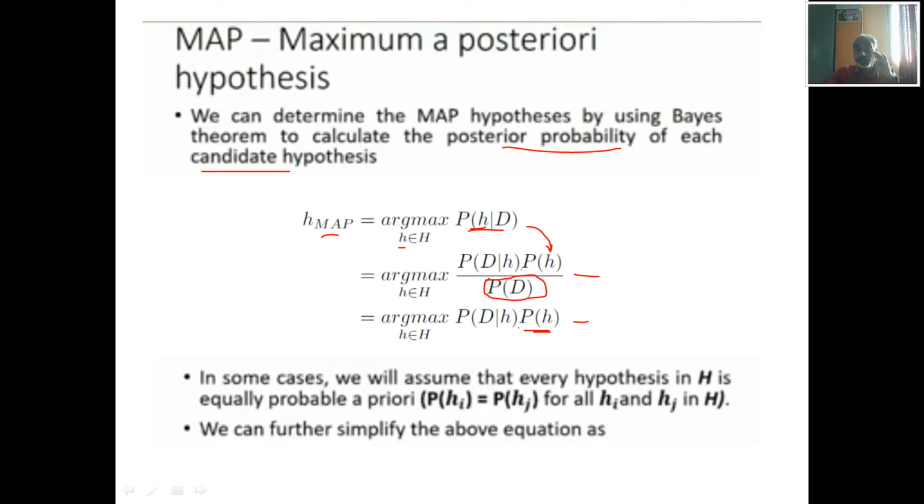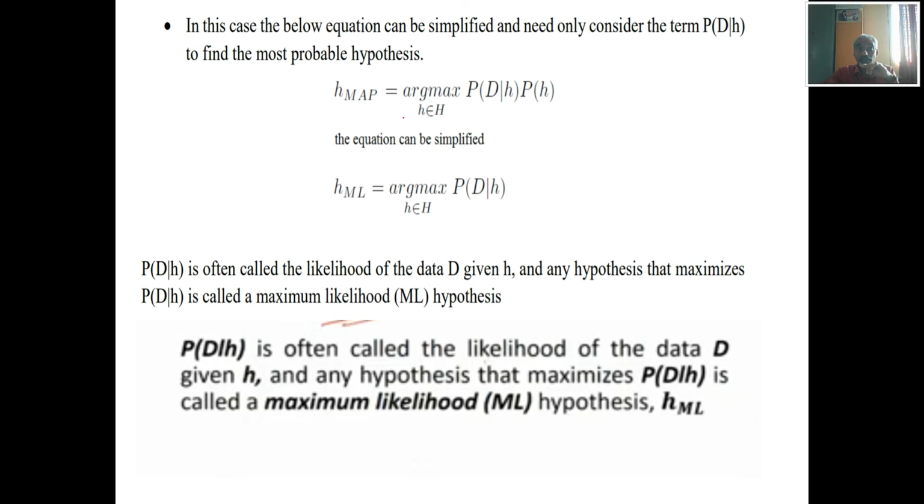Now we can further simplify this particular equation as follows. In this case, the equation can be simplified and needs only the term P of D given H. Because the probability of H, the prior probability, is the same for all the hypotheses, that means again it is a constant. So we can ignore this particular term.